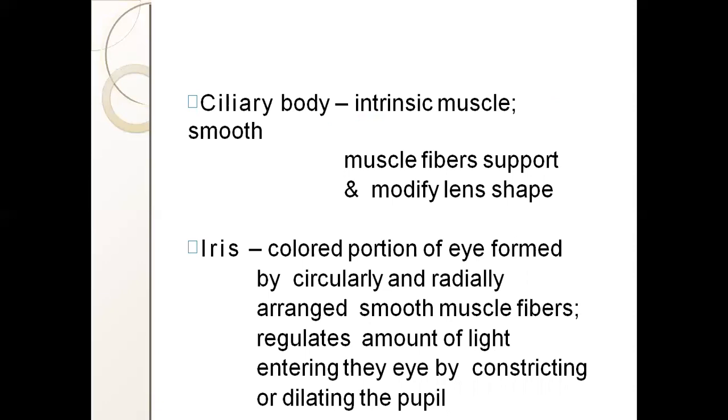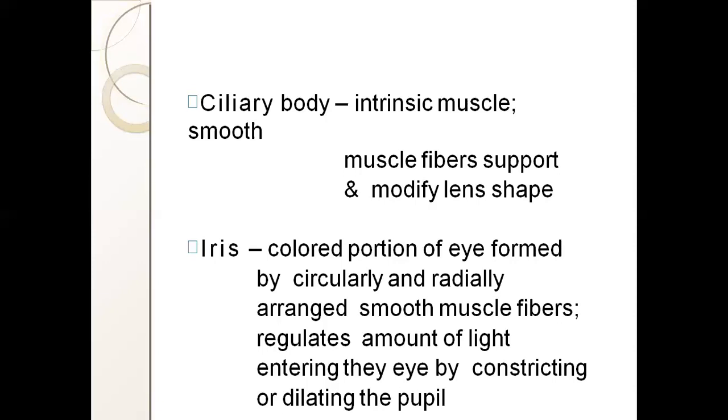Then next is the iris. Iris, it is the colored portion of the eye formed by circularly and radially arranged smooth muscle fiber, which regulates the amount of light entering the eye by constricting or dilating the pupil.